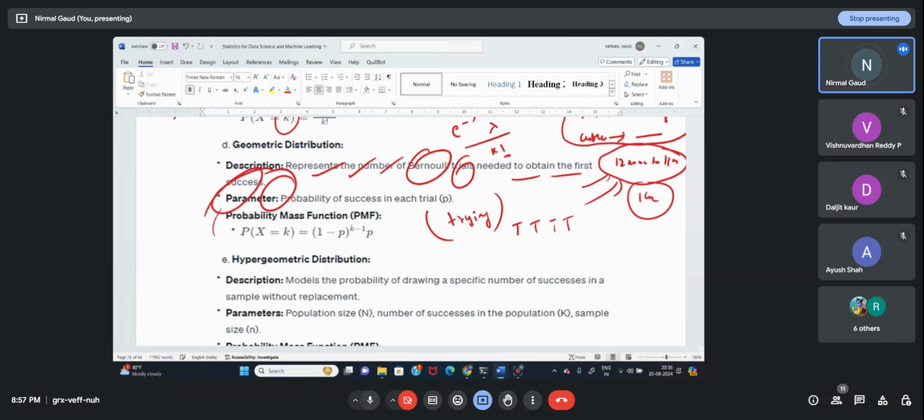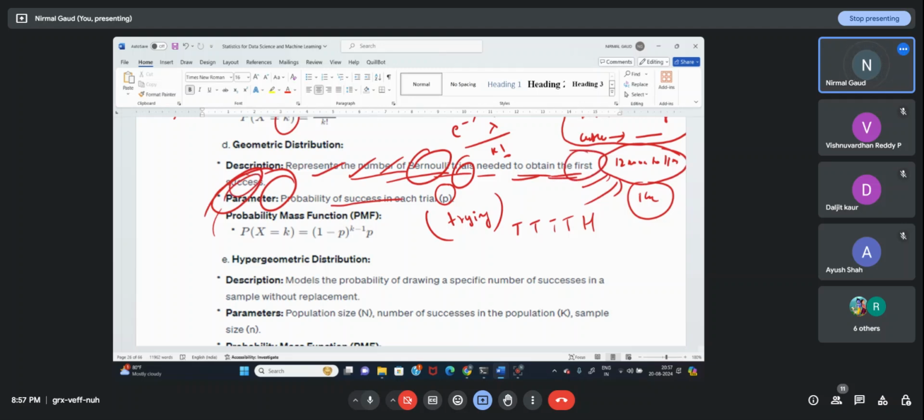Your aim is to get head. Unless and until you get head, you will continue tossing the coin. And once you got the head, okay, stop. So the probability of success in each trial is P, and you perform the number of Bernoulli trials needed to obtain the first success.